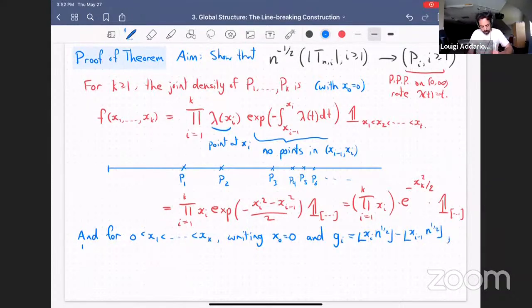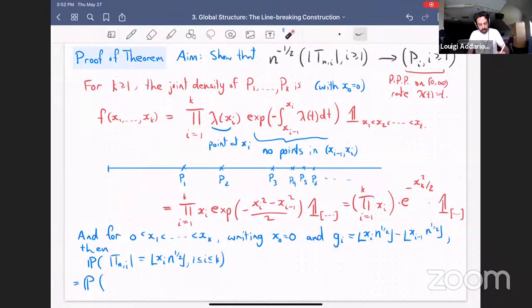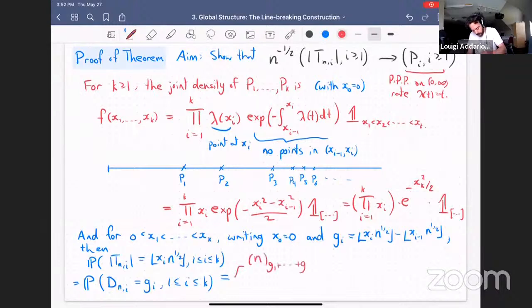Then what's the probability that tni has size xi n to the half for each i from 1 to k? Well, that's precisely asking for the differences to have values gi. So that's the probability that dni is gi for i from 1 to k. And we have an expression for that. It's this expression from the lemma.